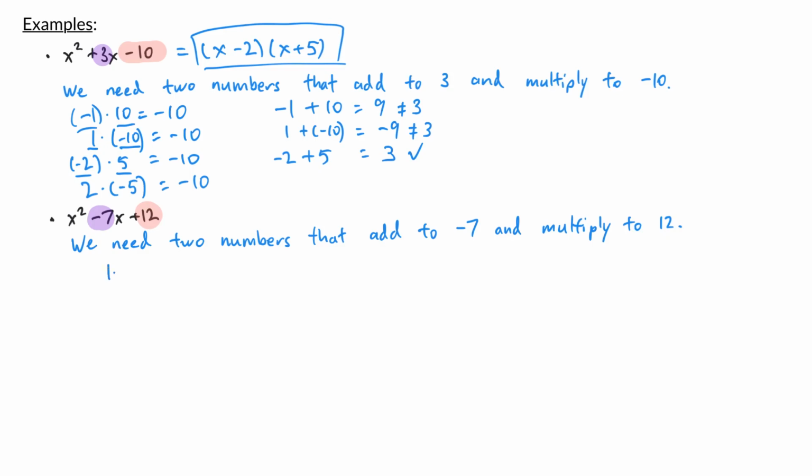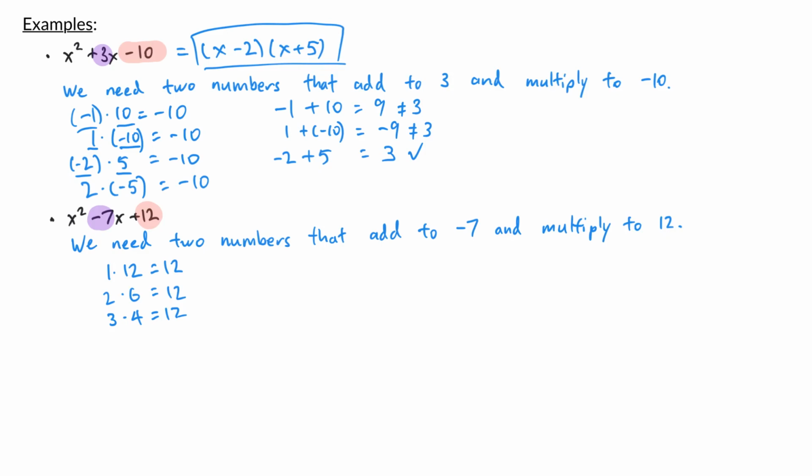For example, 1 times 12 gives us 12, 2 times 6 gives us 12, and also 3 times 4 gives us 12. But notice that when I add any of those pairs of numbers, I'm always going to end up with a positive number. For example, 1 plus 12 is positive 13, 2 plus 6 is positive 8, and 3 plus 4 is positive 7.